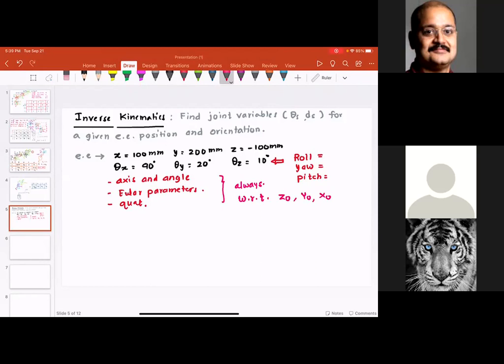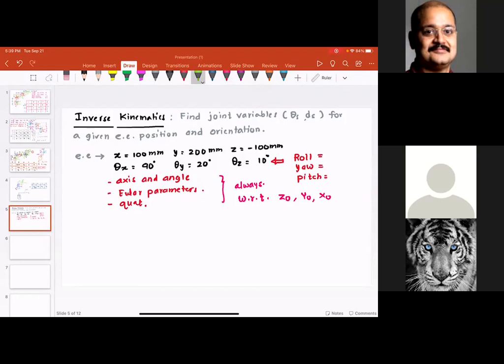The only frame that is fixed is the zeroth frame. So the end effector position and end effector orientation must be defined with something that is fixed. You can't play soccer when the goalpost keeps on moving, right? So you need to have a fixed reference. So it will always be with respect to z0, x0, and y0.